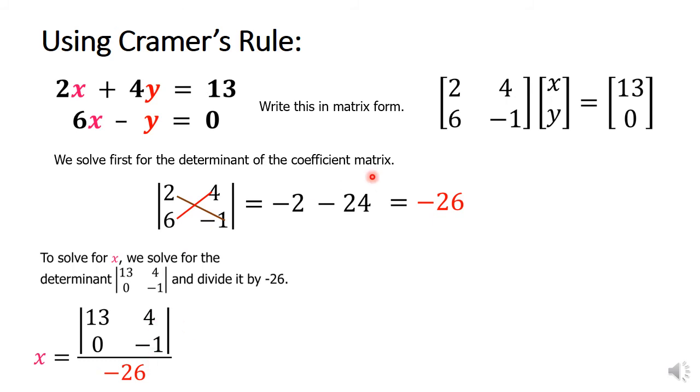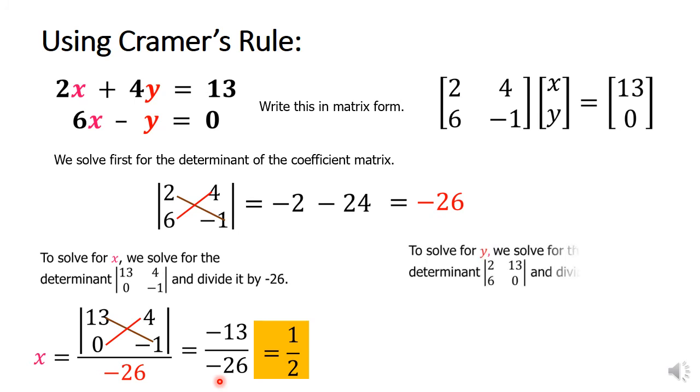Our divisor, where did we get this? We got that from the determinant of the coefficient matrix. Using the determinant formula for a 2 by 2 matrix, we have negative 13 minus 0, which is negative 13. Just copy the negative 26. Simplifying, we have 1 half.